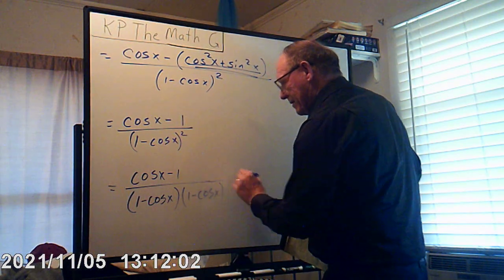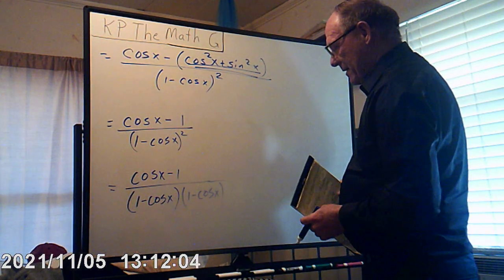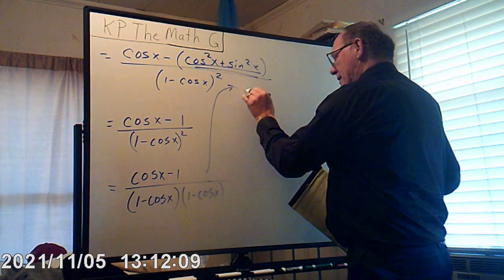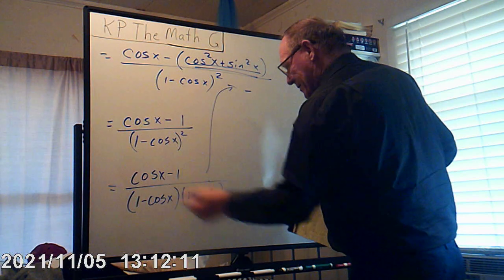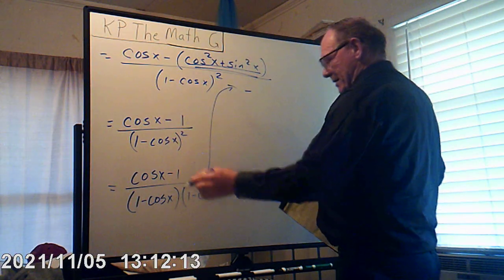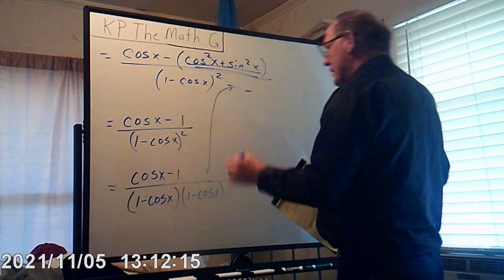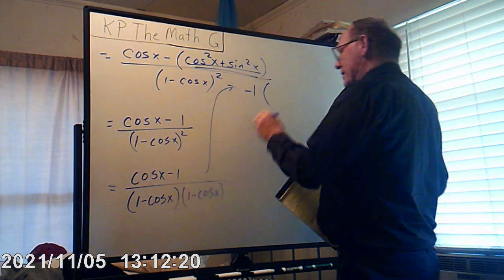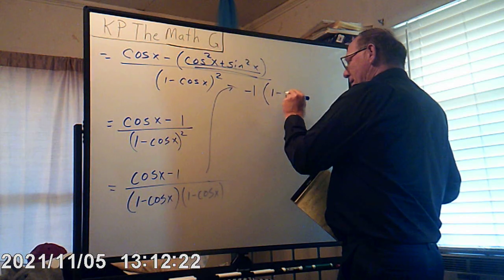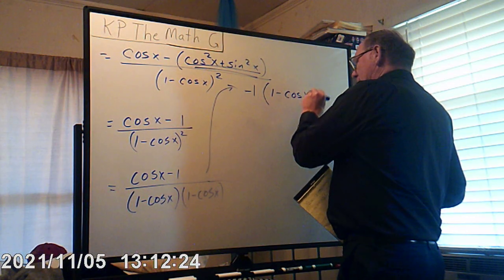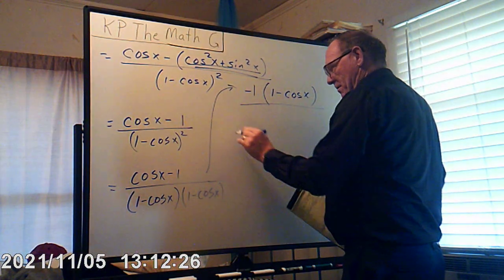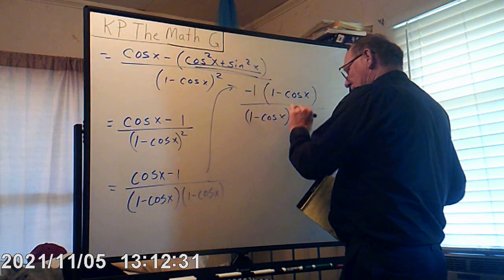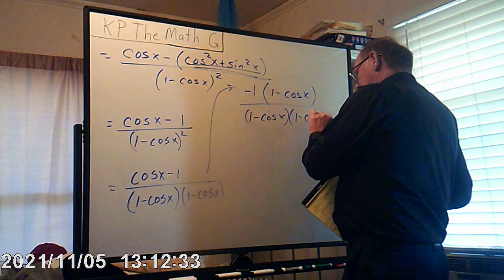I don't know why I did that now that I think about it, but if I put out the negative sign, then I can make this look the same. It's okay to do it this way. If I put a negative 1 out here, now I've just factored out a negative 1. Now I've got 1 minus cosine x over 1 minus cosine x, 1 minus cosine x.